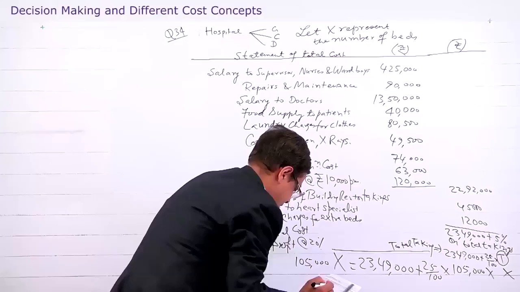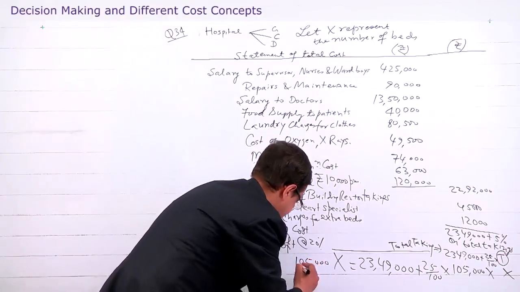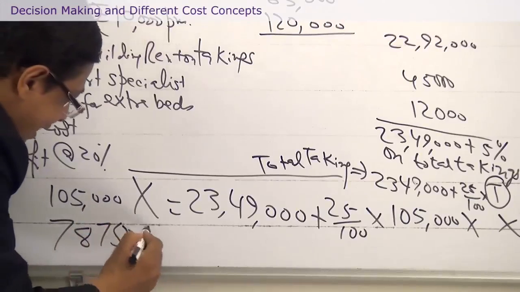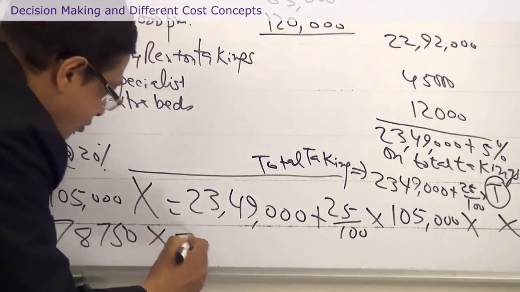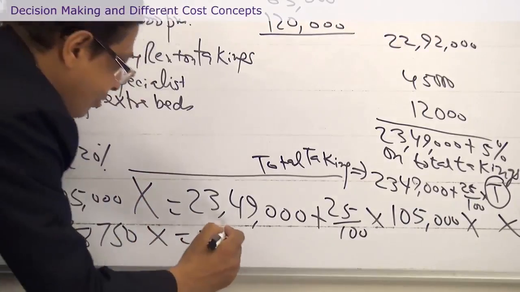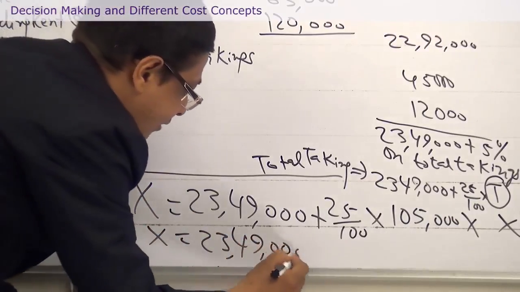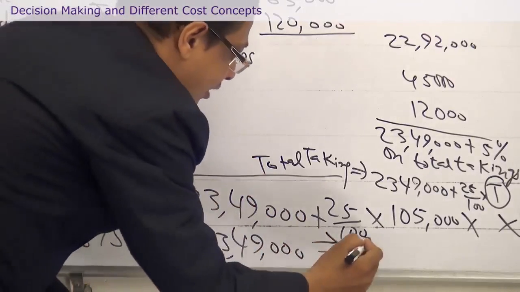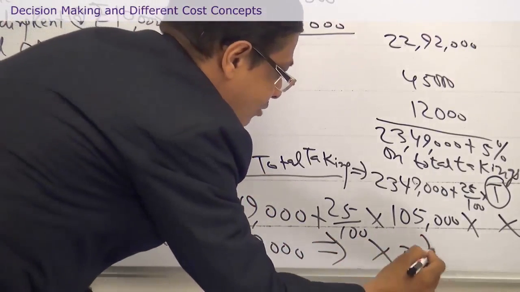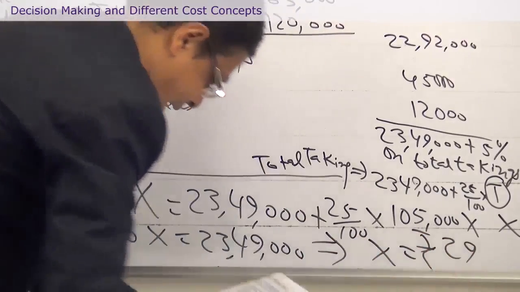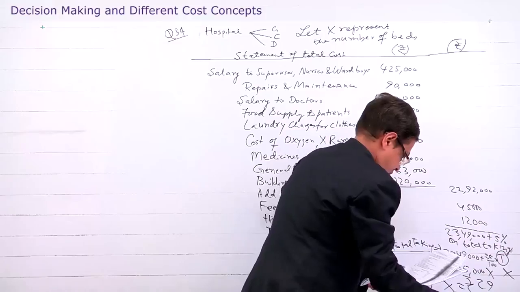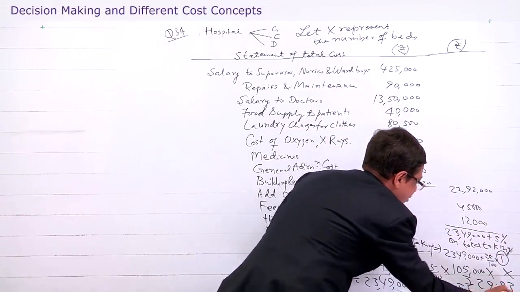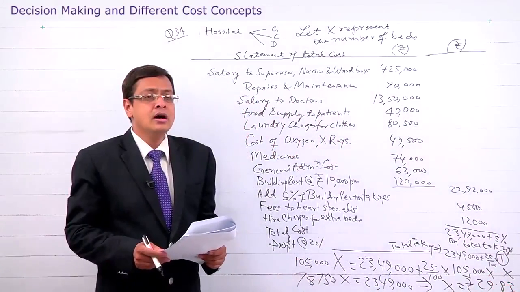So if you solve it, what you get? 78,750 x is equal to 23,49,000, which leads us to the value of x at rupees 29.83. So this is the value of the bed for the hospital.